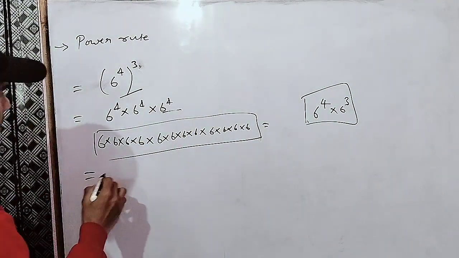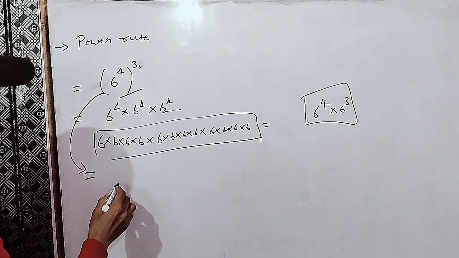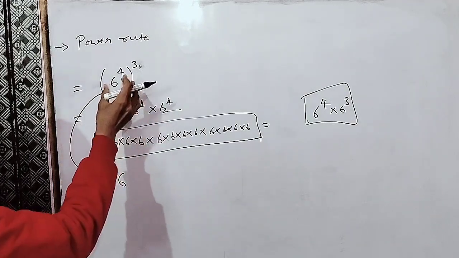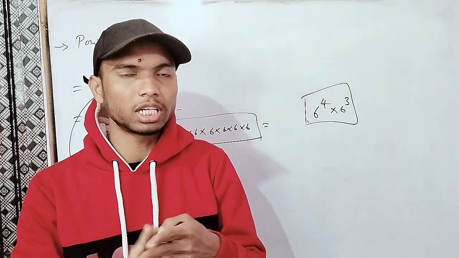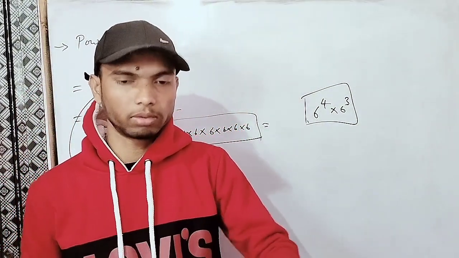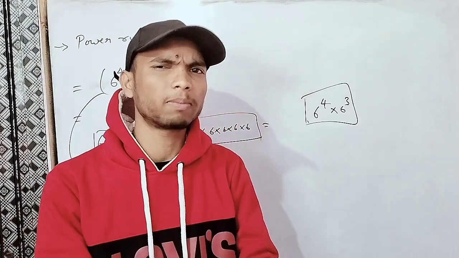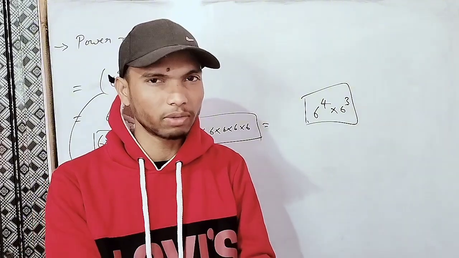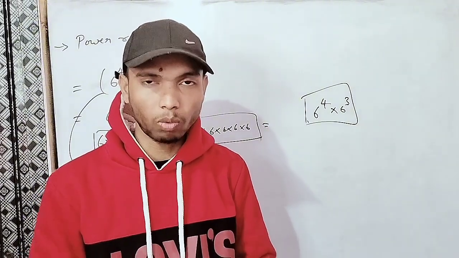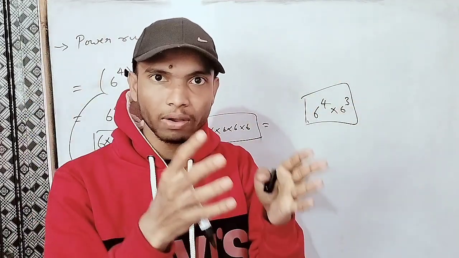Clear? So the rule of this says, if the exponents are 2 and 3, just multiply all the exponents whatever we have.